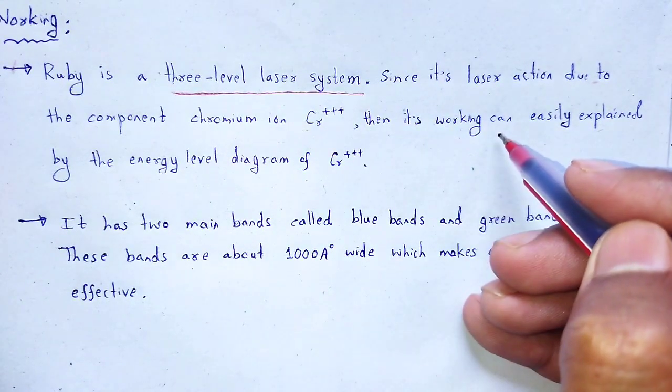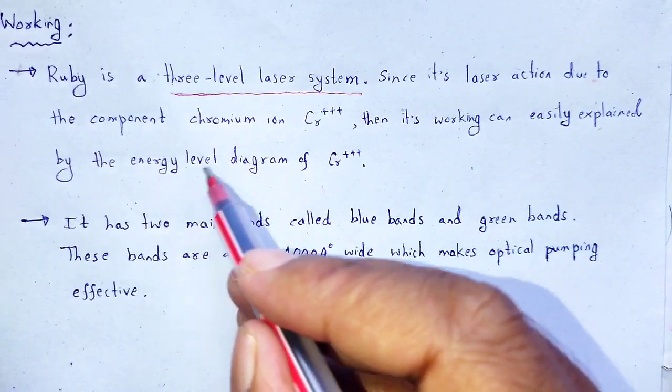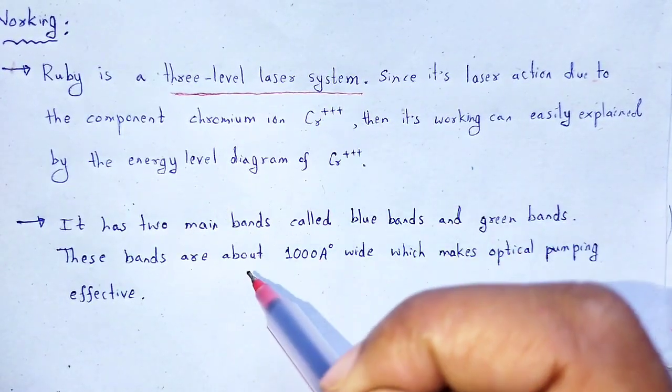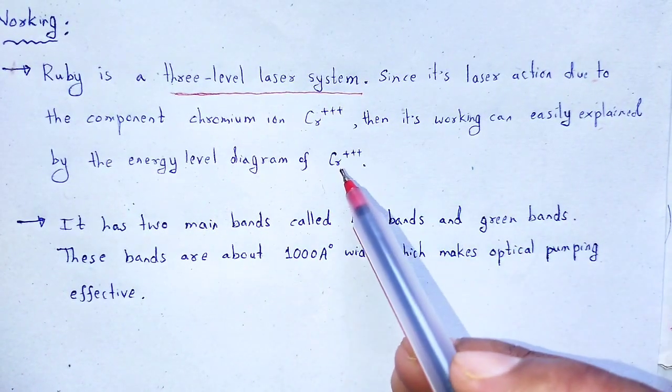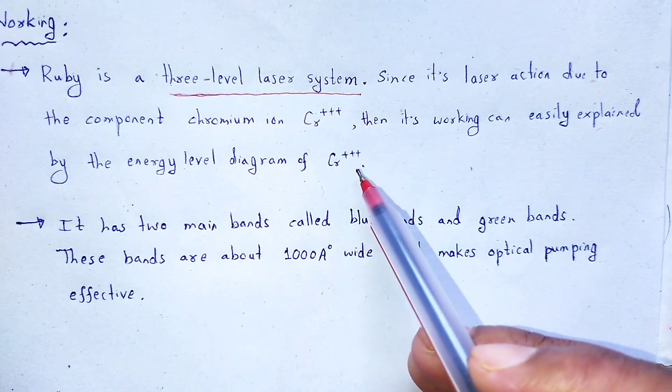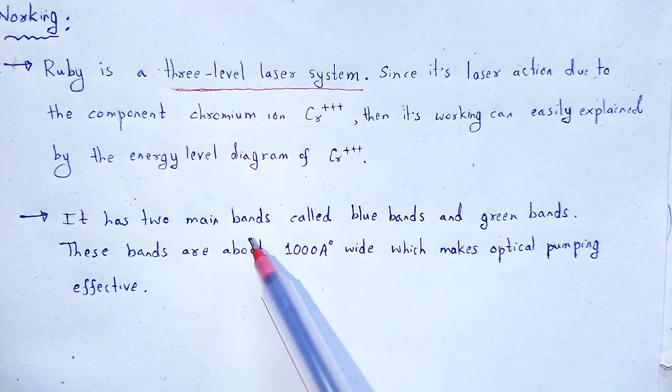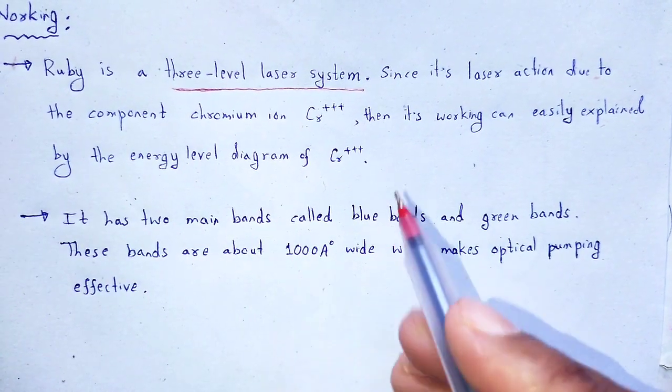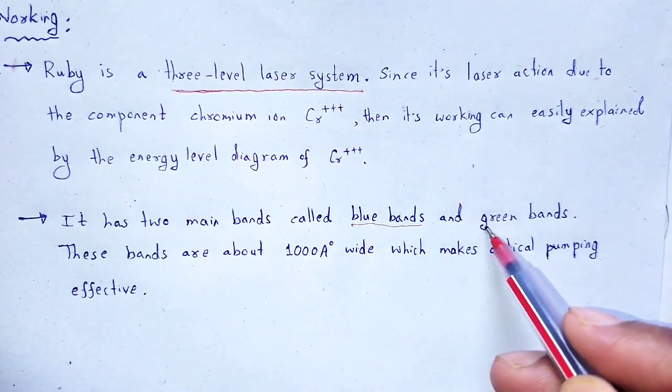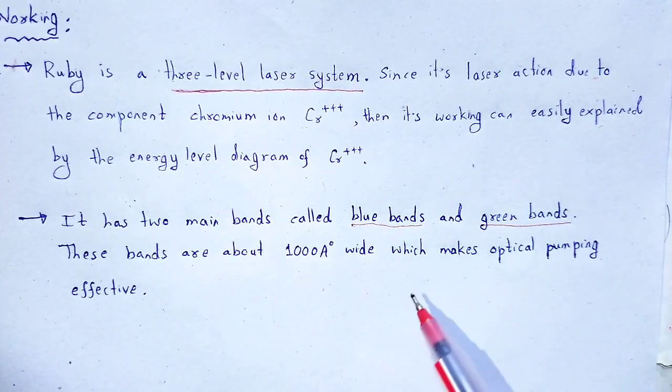Its working can easily be explained by the energy level diagram of chromium ion. So, what is the energy level diagram of chromium ion? It has two main bands, one is the blue band and another one is the green band.